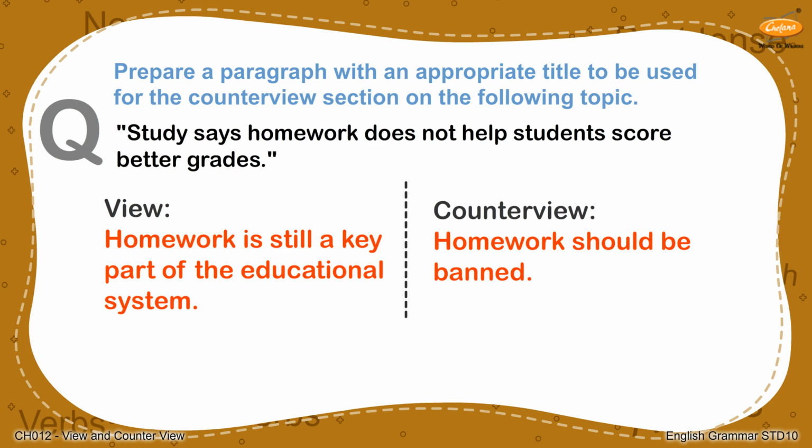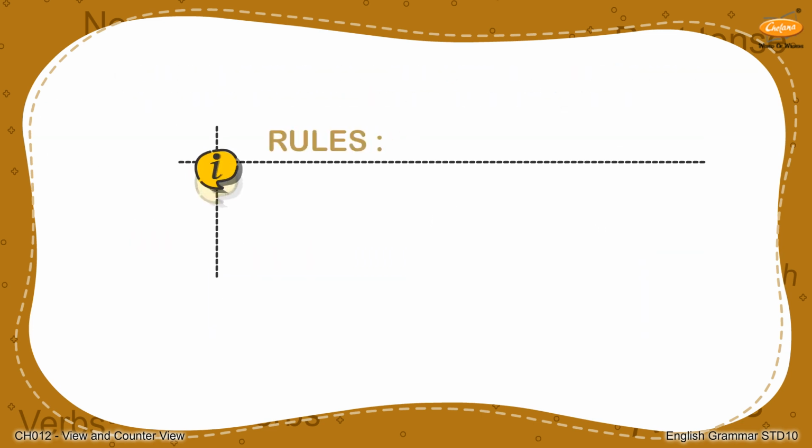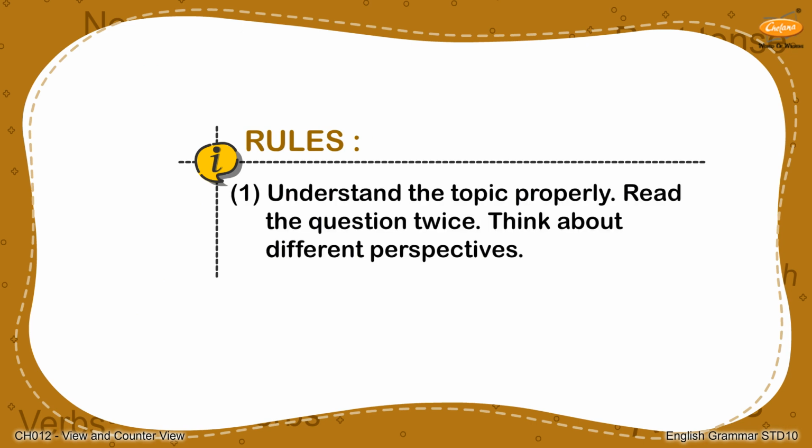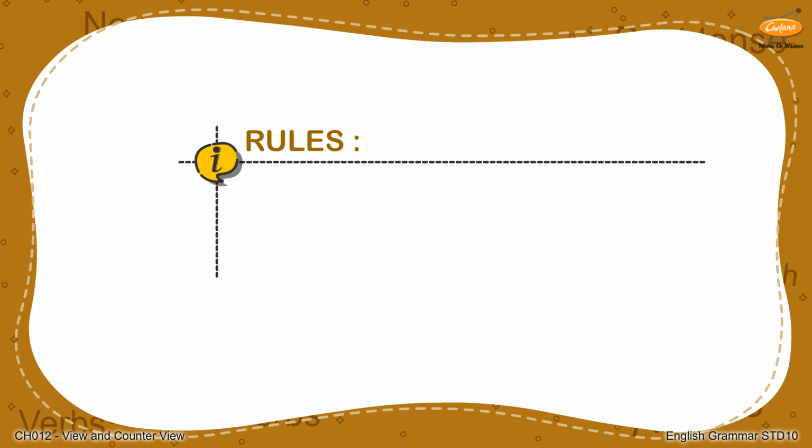How do we present a view or a counter view? Let's look at some rules. Firstly, we must try to understand the topic properly. Therefore, you need to read the topic carefully and think about all the possible perspectives. Now, you need to present your ideas for or against the topic in a logical manner.